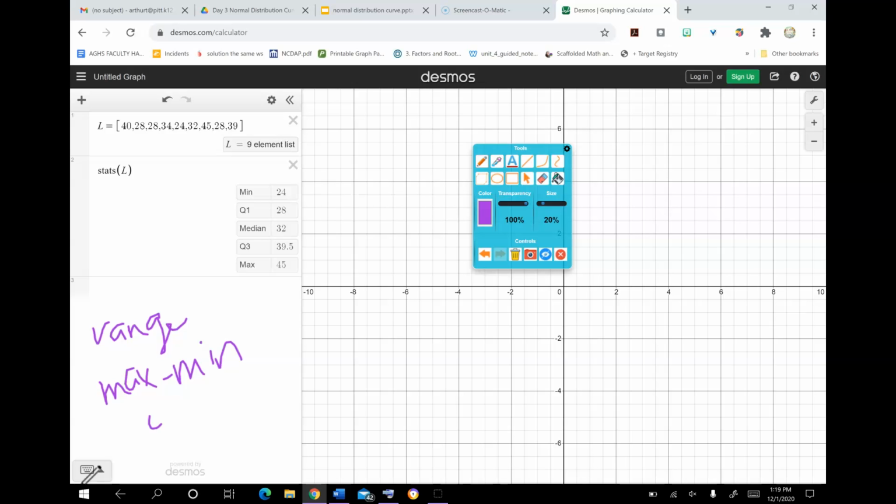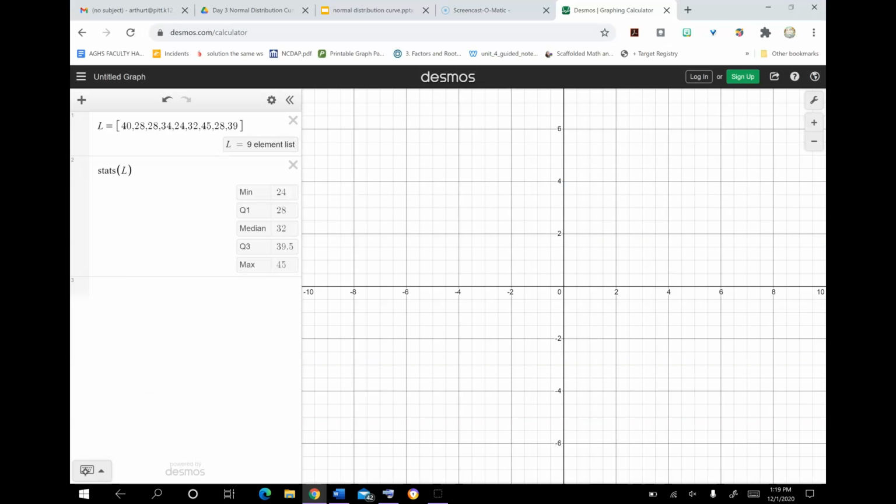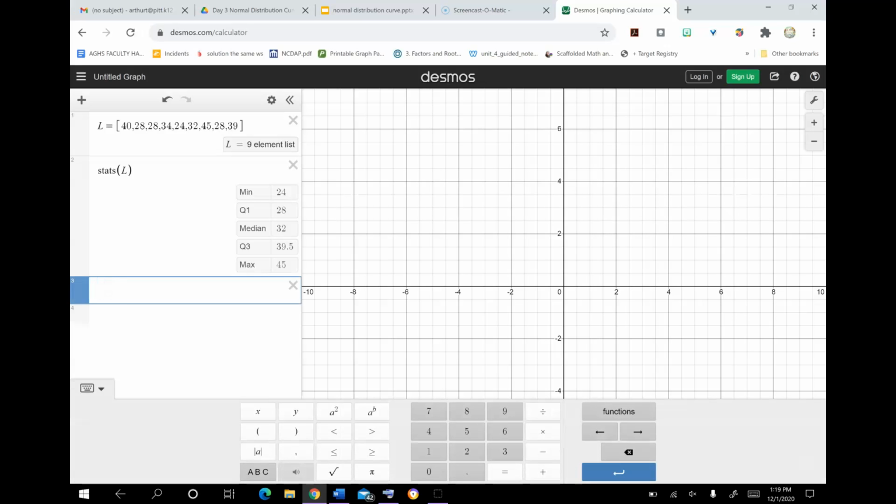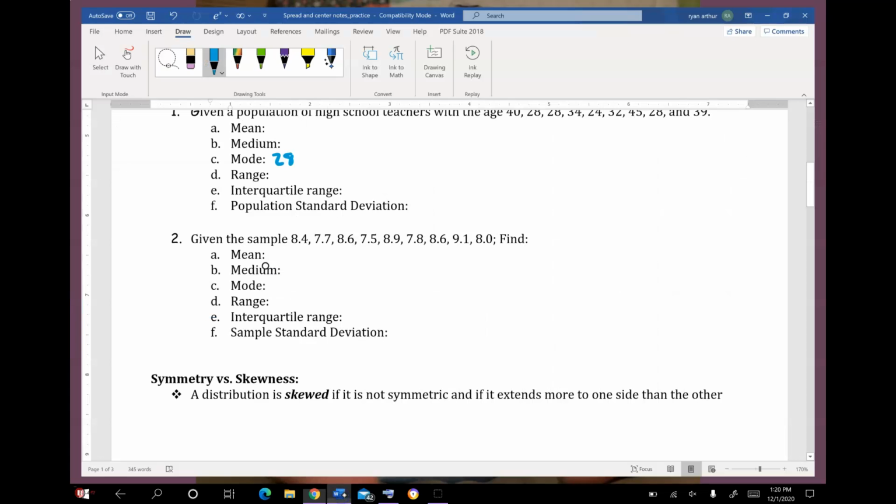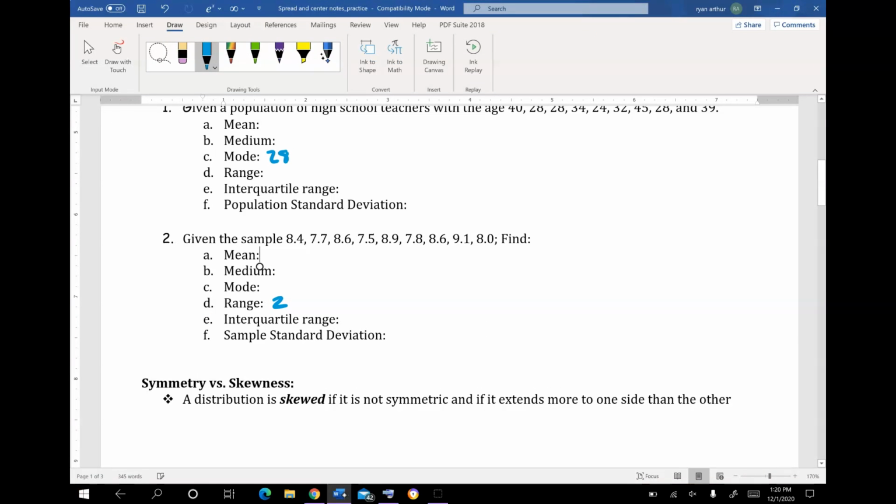My max is 45, my min is 24. So to find my range, I need to say 45 minus 24. So my range is 21.